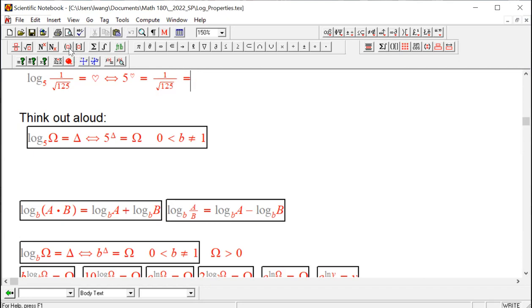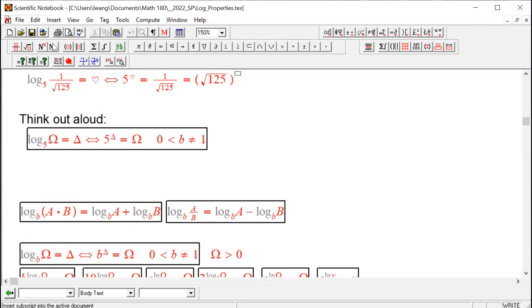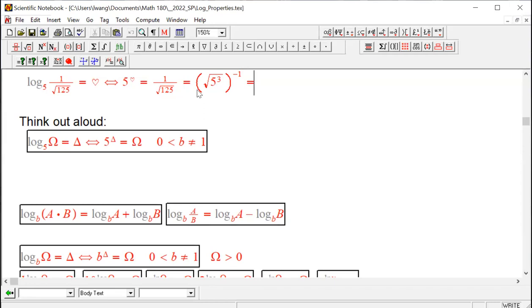So you have square root of 125 to the power of -1, and then you can express 125 as 5 to the power 3, and you will also get to the same place, really. And that will be to the power of half. You cannot avoid that.